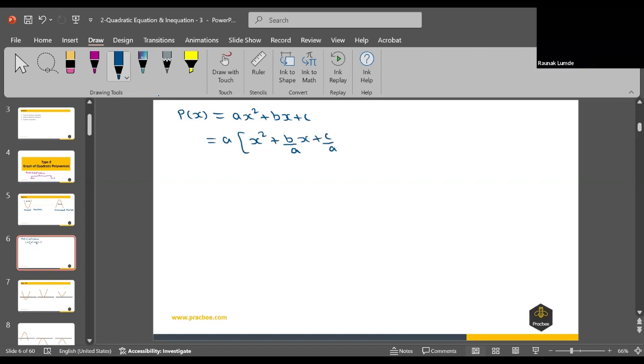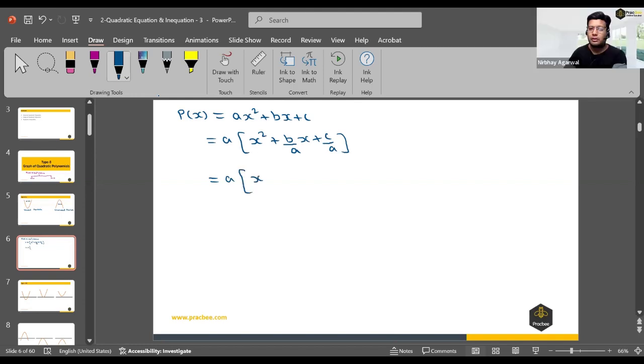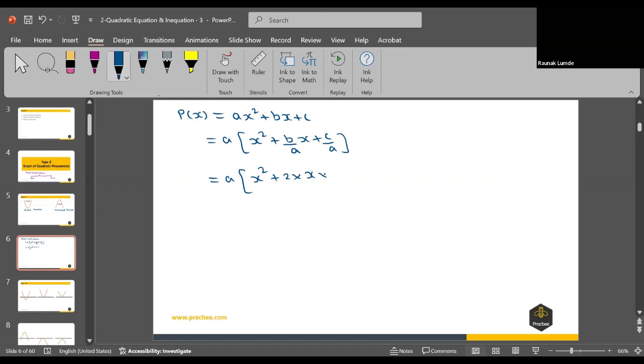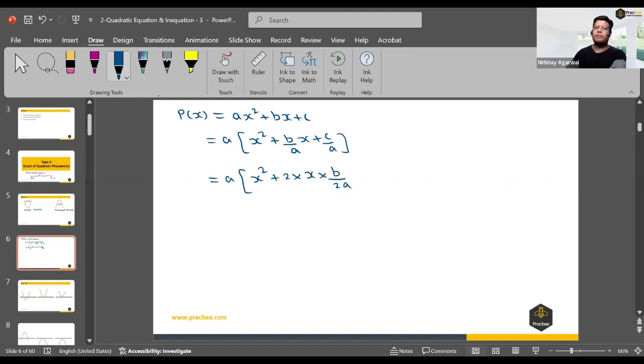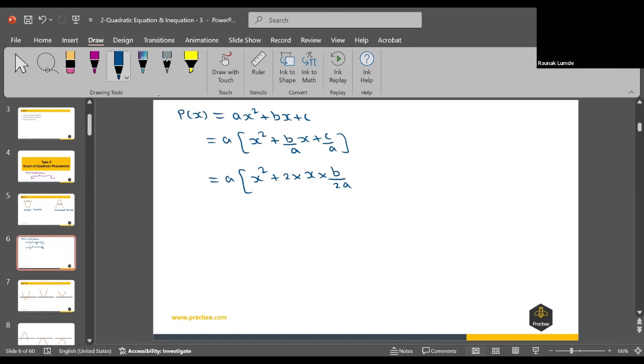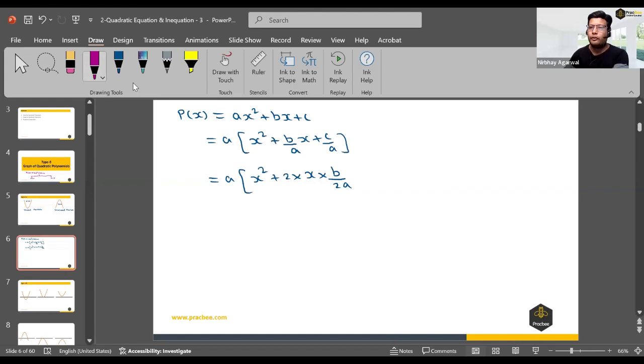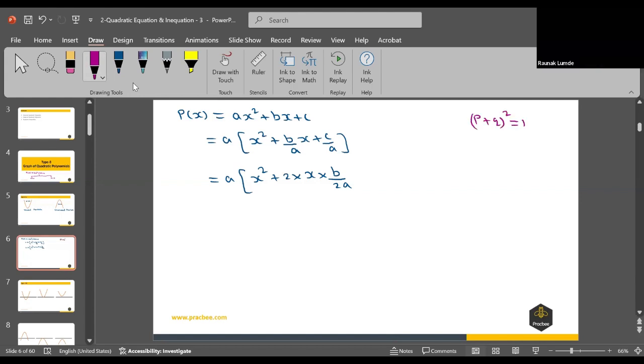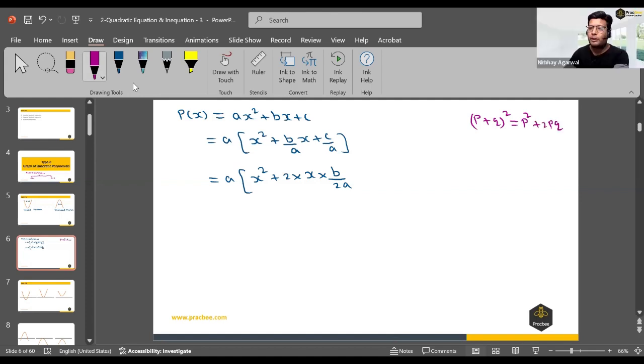Now I am using the perfect square method. So what I am doing, I am multiplying by 2 and dividing by 2. So 2 into x, b by 2a. If you want to make the formula of p plus q whole square, it is p square plus 2pq plus q square.